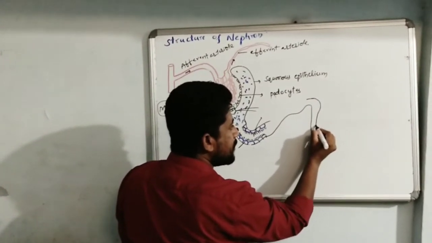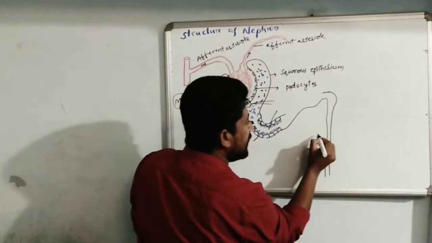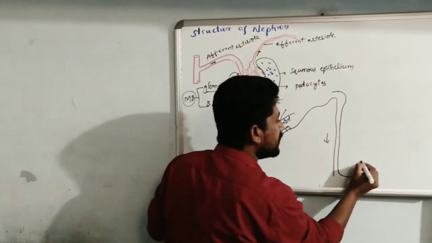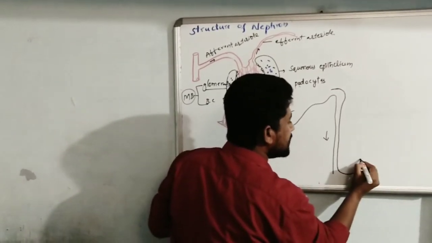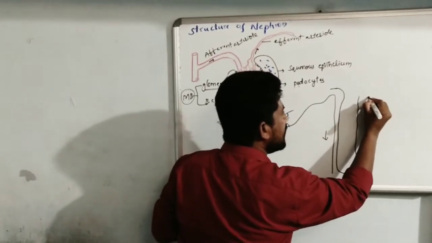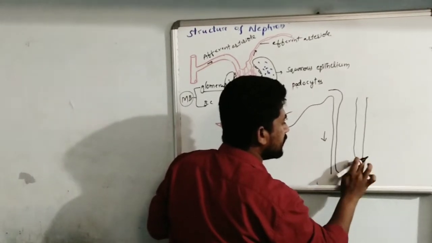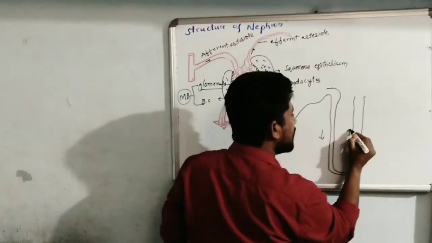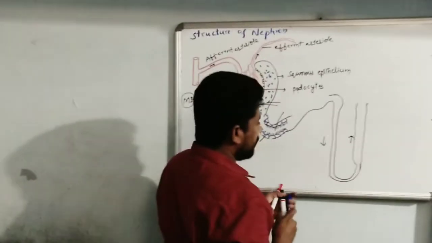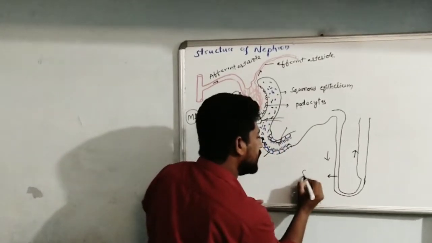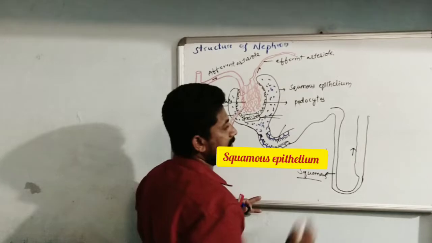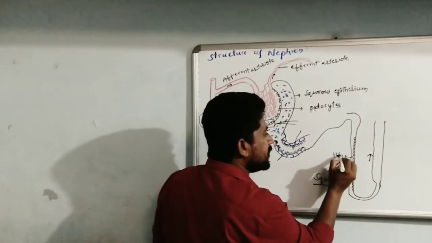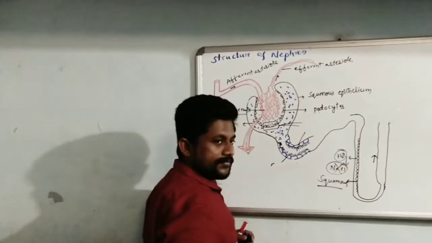This is the descending loop of Henle, and this is the ascending loop of Henle. The descending loop is lined by squamous epithelium and is permeable to water but not NaCl.